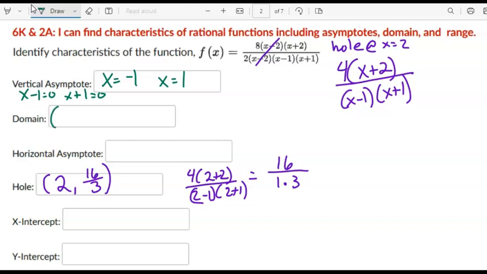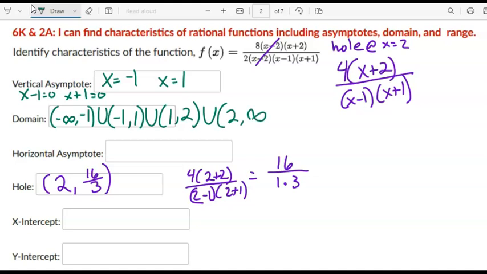Here's the interval for this. So negative infinity to negative 1, union, negative 1 to 1, union, 1 to 2, union, 2 to infinity. So we have 4 intervals this time.